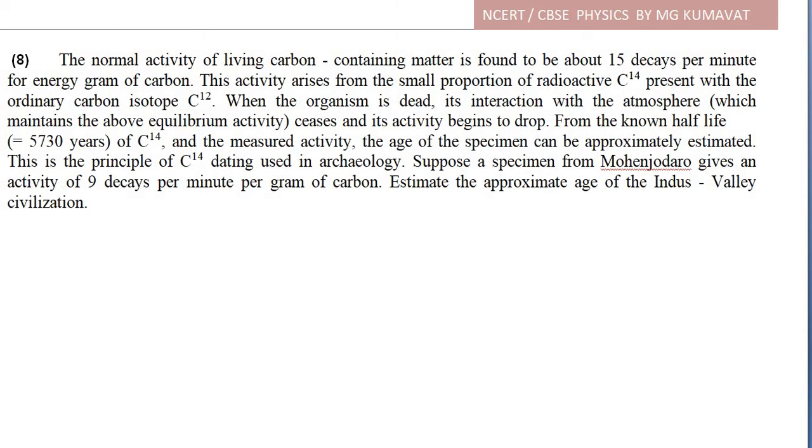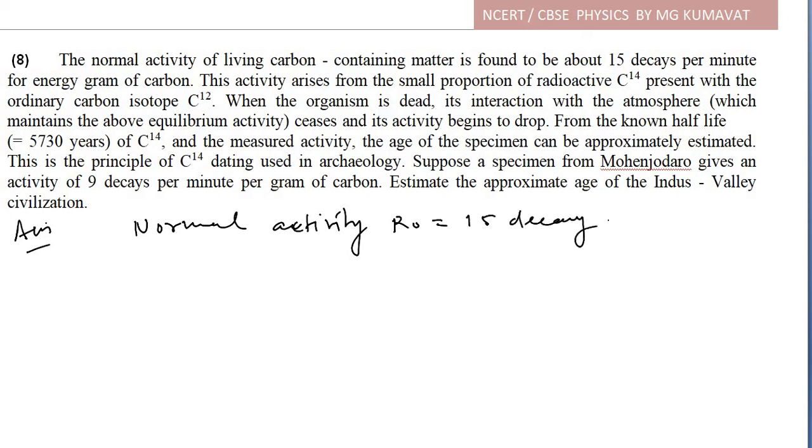So dear student, it is a very easy numerical. First of all we have to write what is given. Here the normal activity R naught of a specimen is equal to 15 decays per minute, and the present activity is given to you.